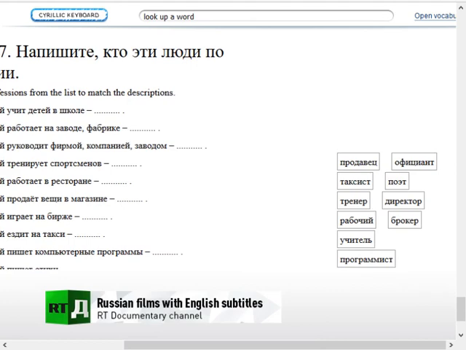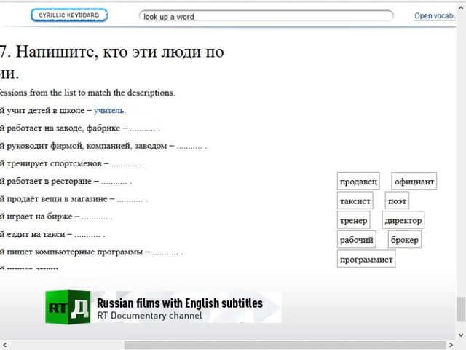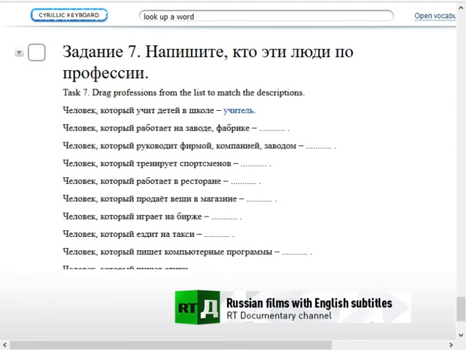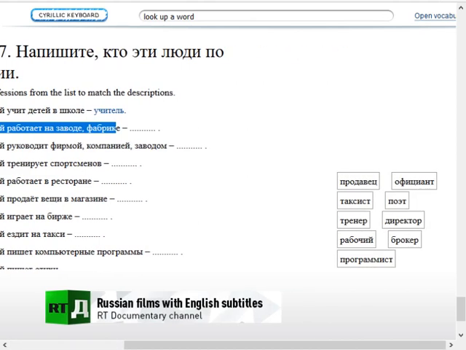teacher, obviously. Where's the word for teacher here? Учитель. There we go. That should be correct. That person is the teacher, an учитель. Человек, который работает на заводе, фабрике. The person who works in a factory is a.